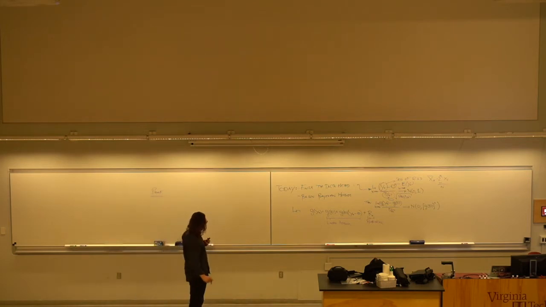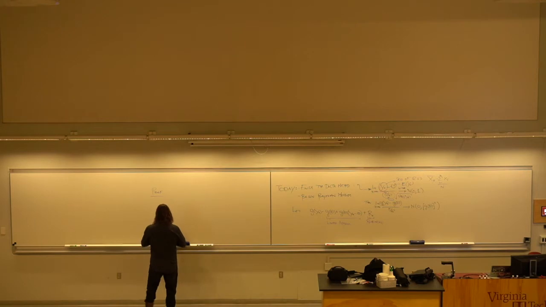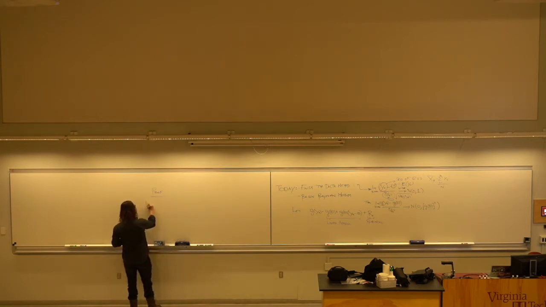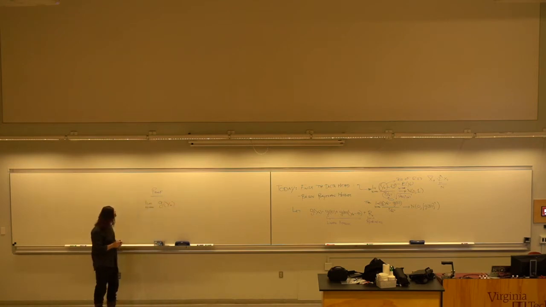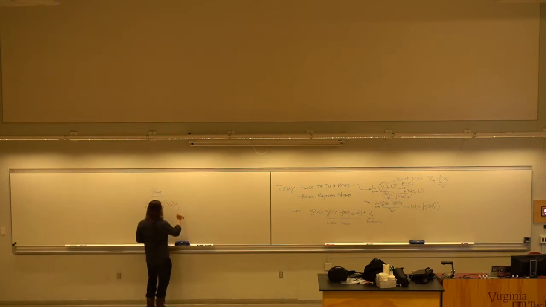So I'm just going to say, let's look at just this thing right here. Limit as n goes to infinity of g of Yn, our transformation. I'll just write the limit over on the right-hand side.